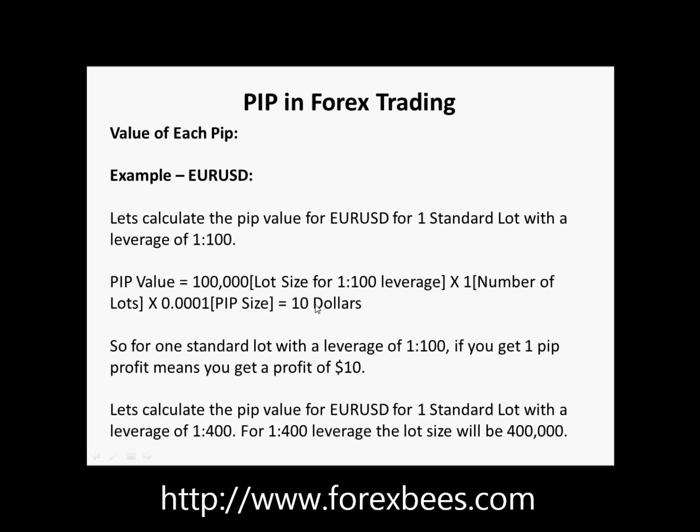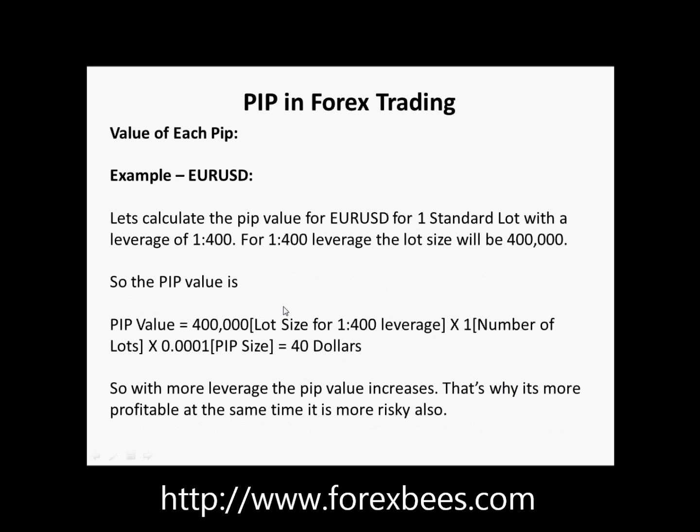So for one standard lot with a leverage of 1:100, if you get 1 pip profit, you get a profit of $10. Let's calculate the pip value of Euro US dollar for one standard lot with a leverage of 1:400. For 1:400 leverage, the lot size will be 400,000.